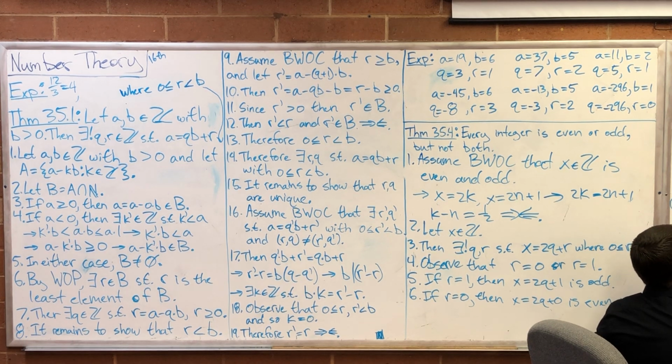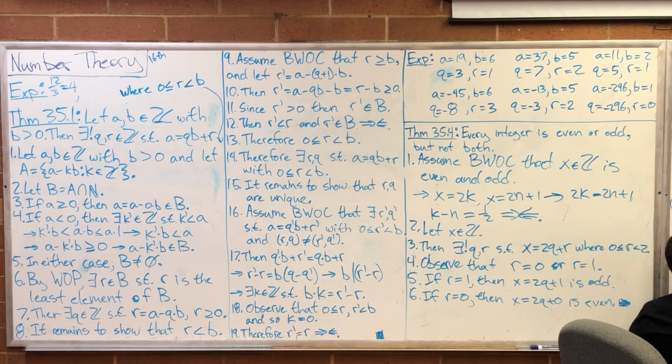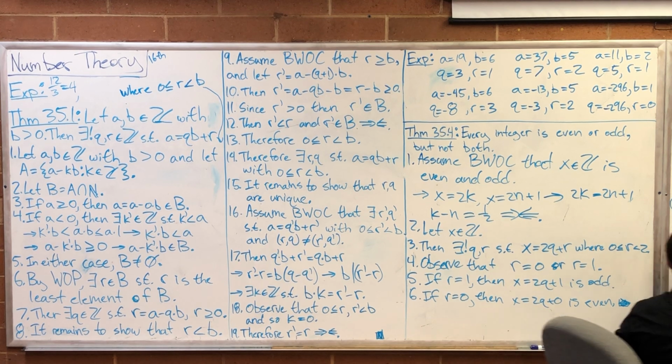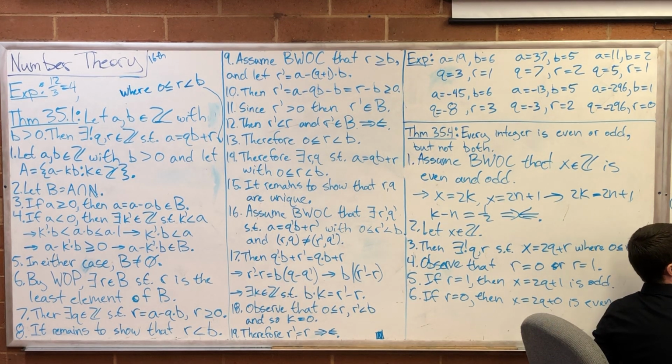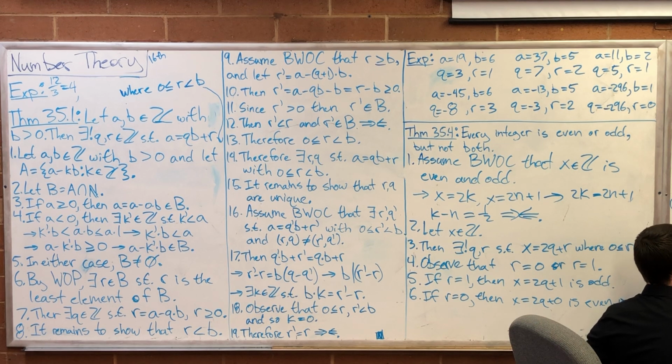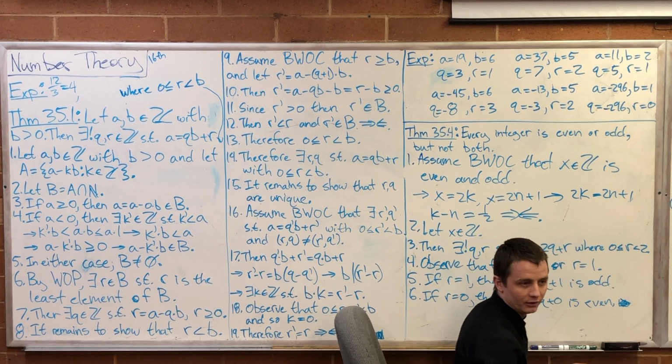If A, B even, then we can write A is equal to 2K and B is equal to 2N, which gives us that A minus B is equal to 2K minus 2N is equal to 2 times K minus N, which gives us that 2 divides A minus B. I think it's pretty simple thinking there.